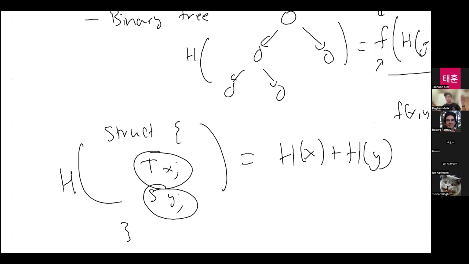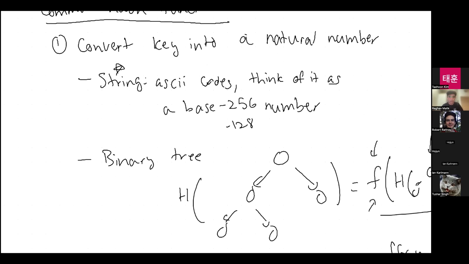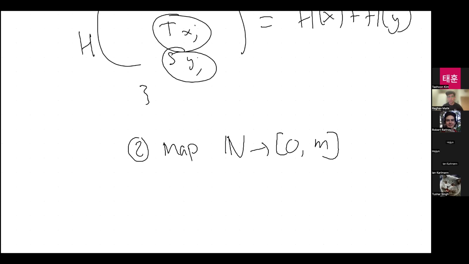If it's a negative number, maybe you take the absolute value. If it's a floating point, maybe you do some bit hacking to think of it as a 32-bit integer. I don't know. You find some way of expressing the thing as a natural number, and then the interesting thing that we're going to look at is how do we map an arbitrary natural number into the range 0 to m of our table.